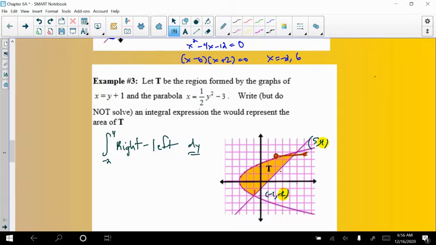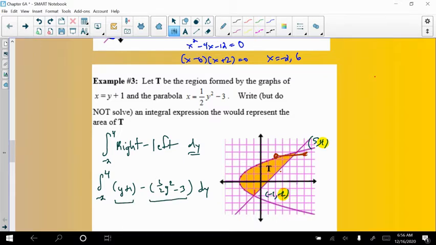So the right curve was y plus 1: the integral from -2 to 4 of (y + 1) minus (1/2 y squared minus 3) dy. This whole quantity is the right curve, and this whole quantity is the left curve.